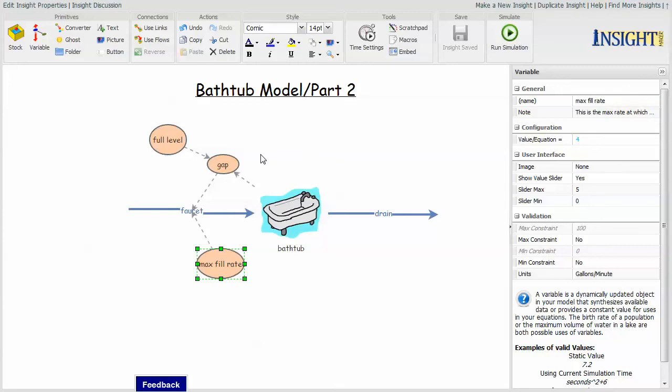Now, ensuring that the units in your model are consistent doesn't guarantee the validity of the model, though it does give you a better level of confidence than if you didn't use any units at all.